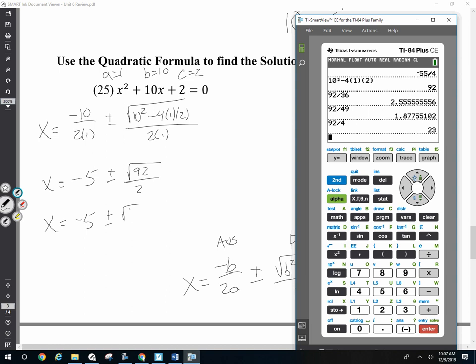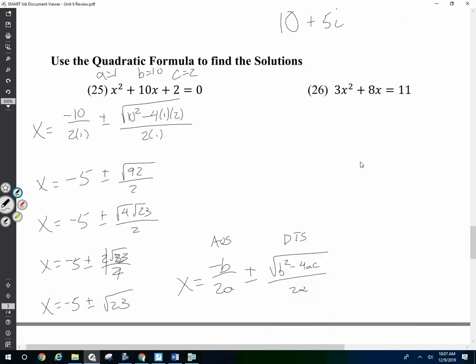This is root 4 root 23 divided by 2. That is 2 root 23. The 2's will cancel because of multiplication. I get negative 5 plus or minus root 23. Done. That's simple.